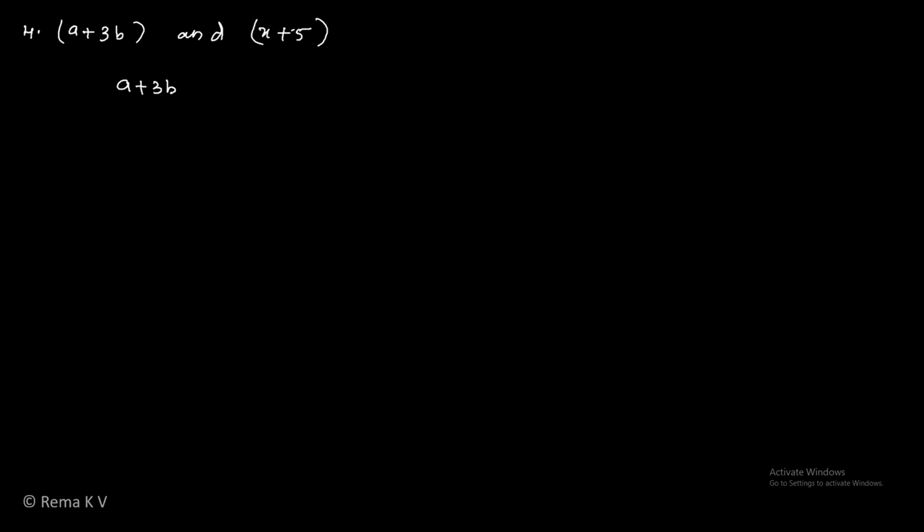Let us multiply this: a plus 3b into x plus 5. This is equal to, first term here is a. Let us multiply this with the second expression, a multiplied by x plus 5. Then the second term here is 3b, so plus 3b into x plus 5.